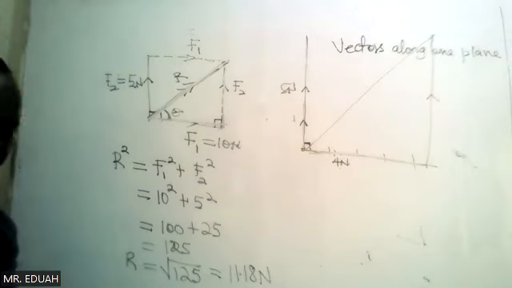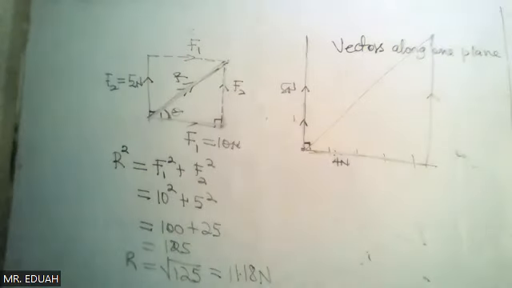So please go ahead, use it, and then tell me what you have as the direction of the resultant. Yes, I'm giving you 2 minutes. Let's see what you come up with as the direction of the resultant.